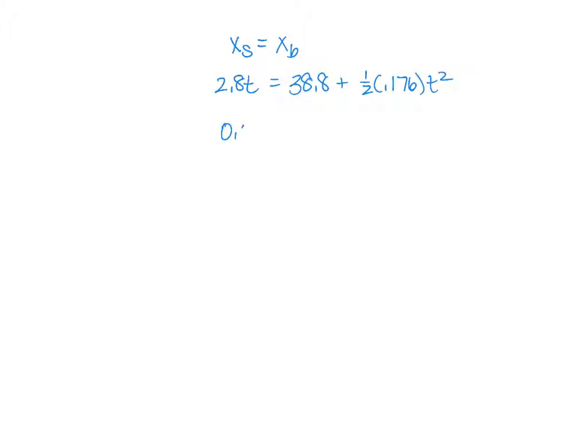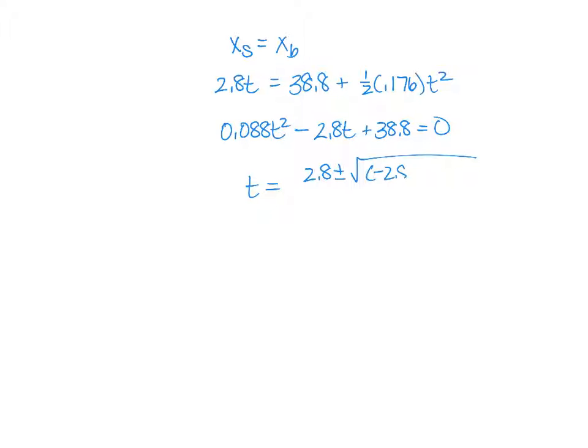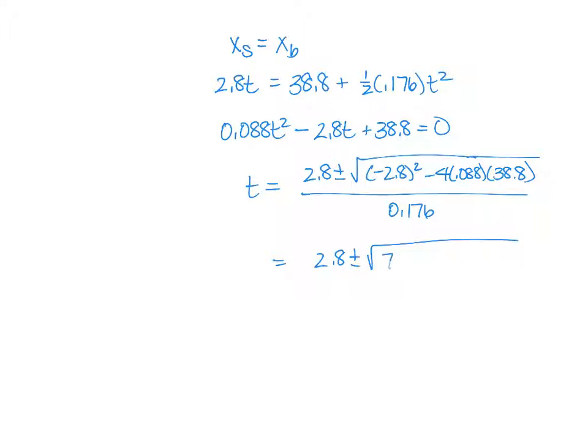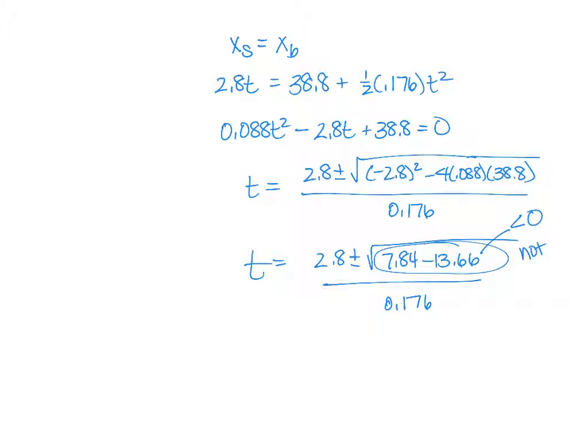And if I rearrange this again and solve for t, you see that we run into a problem when we're trying to simplify for t, because this is going to be a negative number, and the square root of a negative number isn't real.